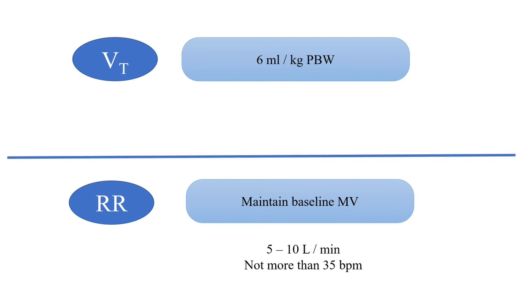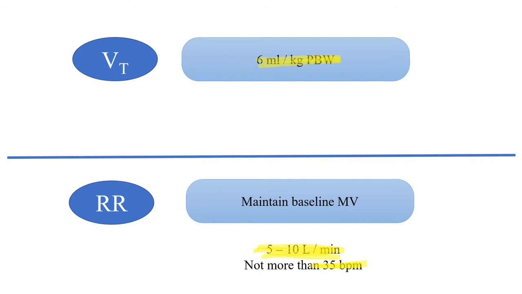The initial setting is 6 milliliters per kg predicted body weight for the tidal volume, and the respiratory rate will be set to have a minute ventilation of about 5 to 10 liters per minute, but not more than 35 breaths per minute.